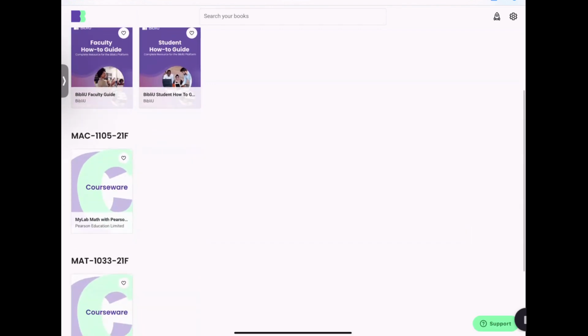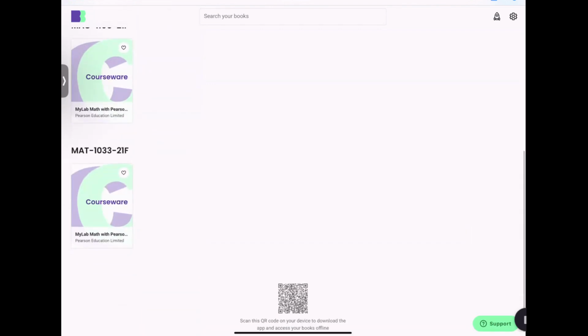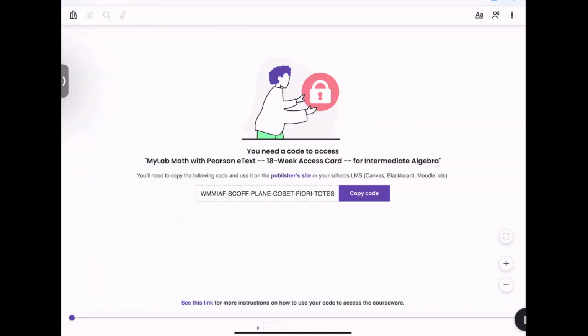So yours should say like MAT 1033. I don't know what section this is. Actually, I can tell right here. Yours is 20F, right? So if you click on it, you should see an access code. You copy that code.